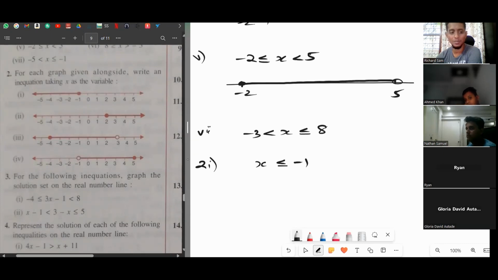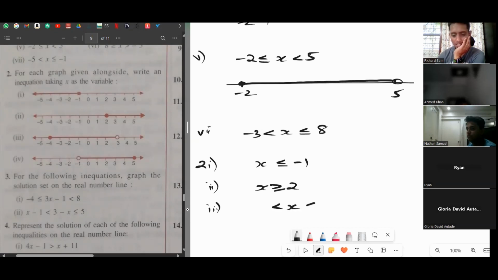Less than 2 means this side, left side. No, greater than 2 is only 2, 3, 4, 5. Right, so it will be x is greater than or equal to 2. Next one, what is it? Now this has a starting and ending point. Here x will be in the center.